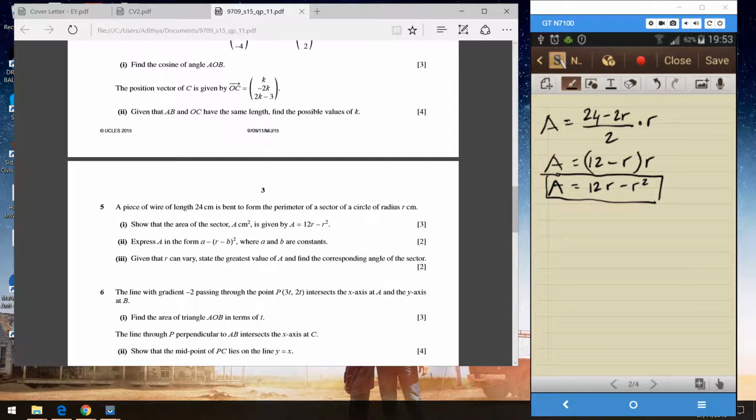If you have any expression that is a x squared plus b x plus c, this is equivalent to a, and in brackets, x plus b over 2a, all that squared.